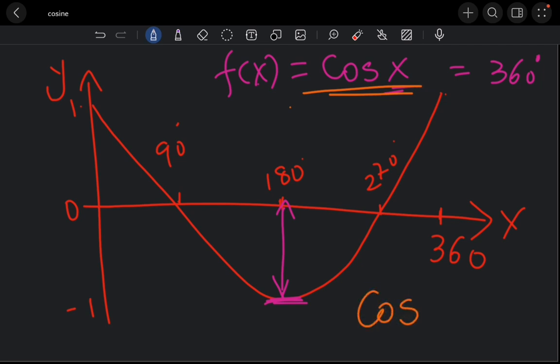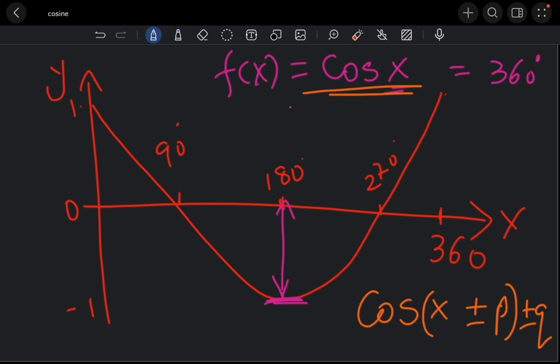So it's going to be cos of x plus or minus whatever the shifting amount we have. I'll call this one P plus or minus Q, where Q is upward or downward shift and P is left or right shift. Okay, so let's start with shifting it to the left or right.